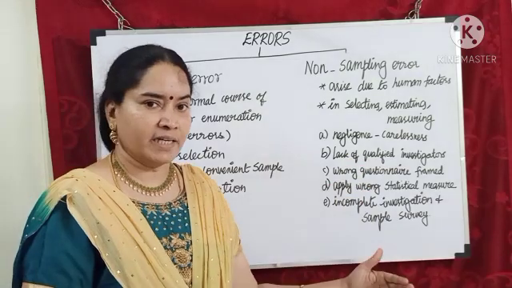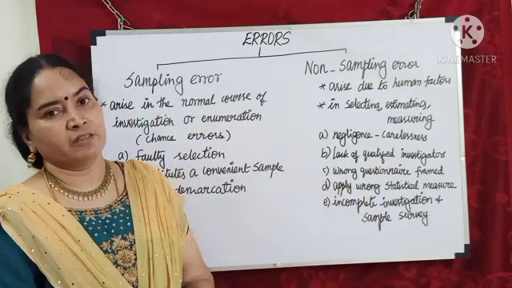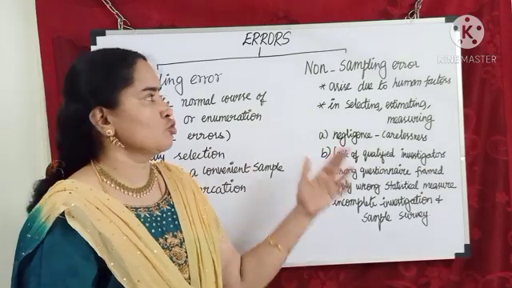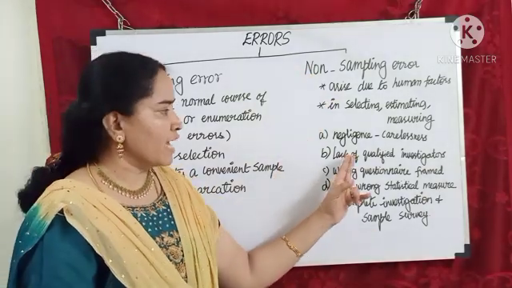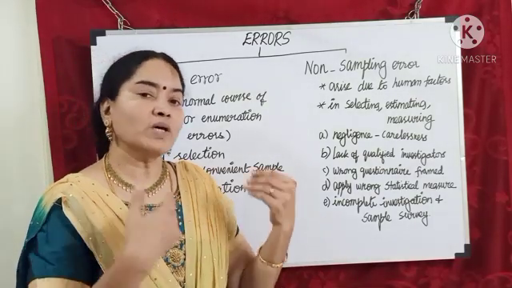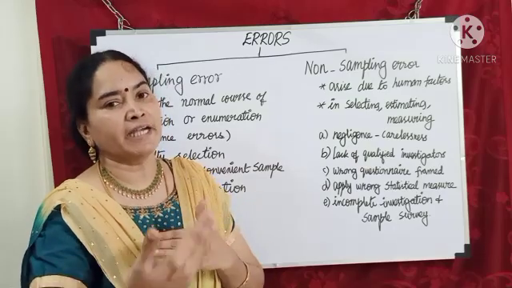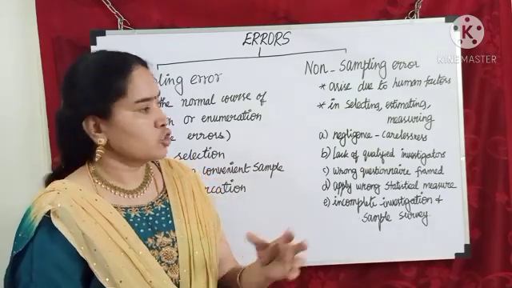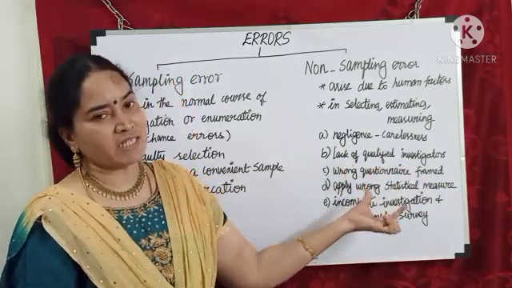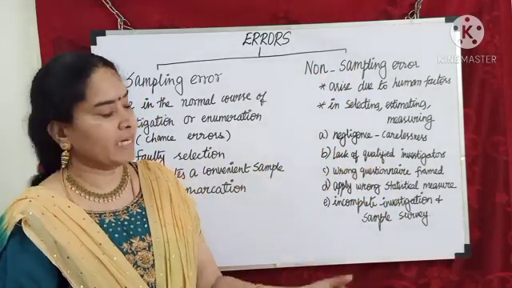The second idea, the investigator, if less qualified, might not be efficient to do the work properly. So naturally, he will commit mistakes. The next idea, the questionnaire itself can be wrong. It may not suit the very idea of my analysis. So framing a wrong questionnaire is also a reason for non-sampling error.